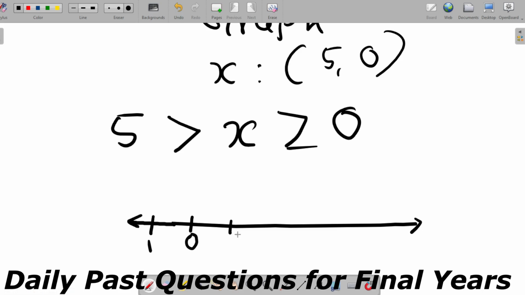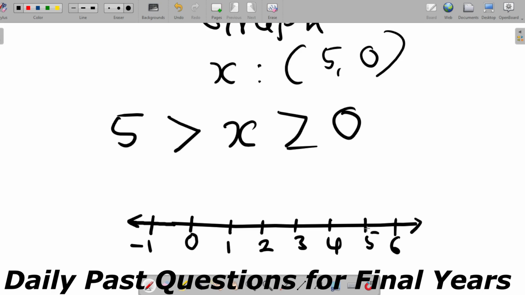So that's why I make the positive side longer than the negative side. Yes, you have this. So how do you plot this answer on the number line?